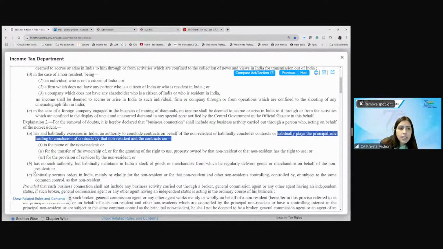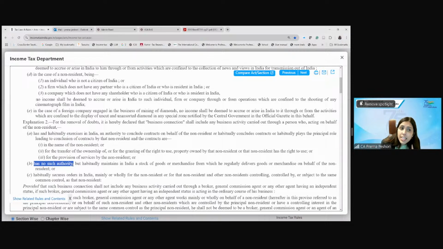Then B has no such authority to conclude the contracts, but this agent habitually maintains in India the stock of goods or merchandise from which he regularly delivers the goods or merchandise on behalf of the non-resident. So he is not concluding the contract, but he is habitually maintaining the stock of goods, and from which he is also regularly delivering the goods on behalf of the non-resident.